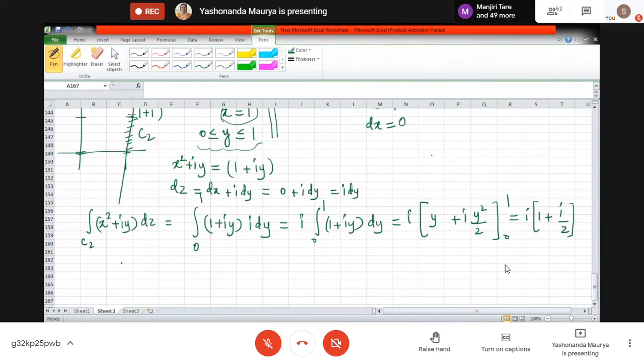So what is the total integration now? Integration from 1 to 1 plus i, this is what we require, along the curve C, that is along C1 and C2. If I add it, previously how much we got?